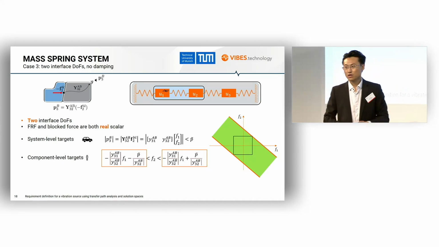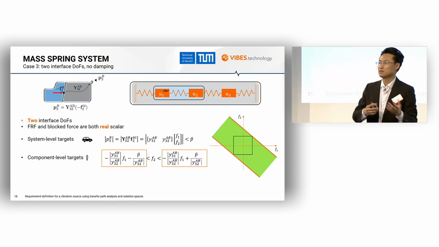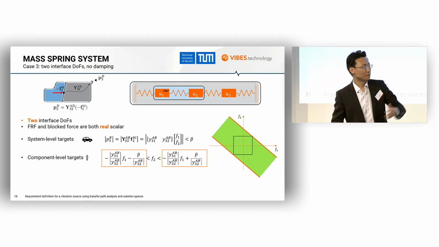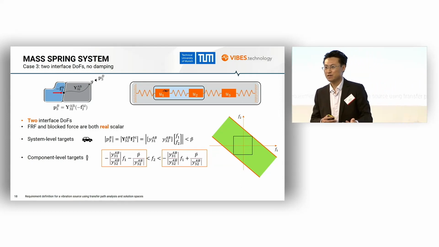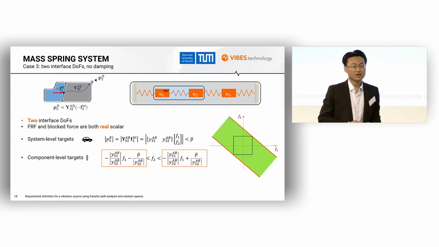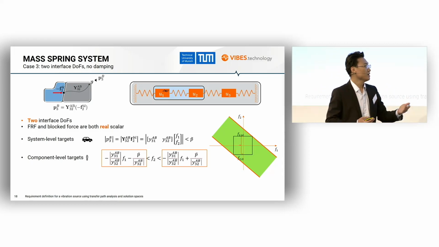So we propose to take just a subset of the complete admissible area. For example, here we can define a box-shaped solution space. Based on this solution space, we can identify the admissible value range for F1 and F2 individually.